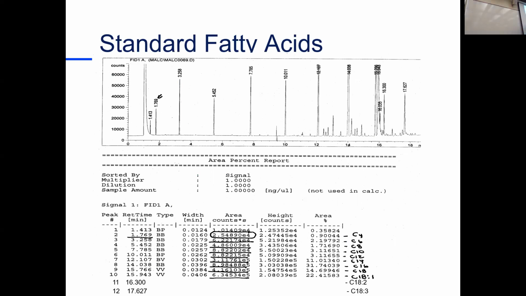And so this is what a standard run should look like. So this is when you take pure compounds and run them through the system. So you have, I would think that's going to be C4. So that's butyric acid. It's the ethyl ester of butyric acid. So that's C4, this is C6, caprylic, capric.